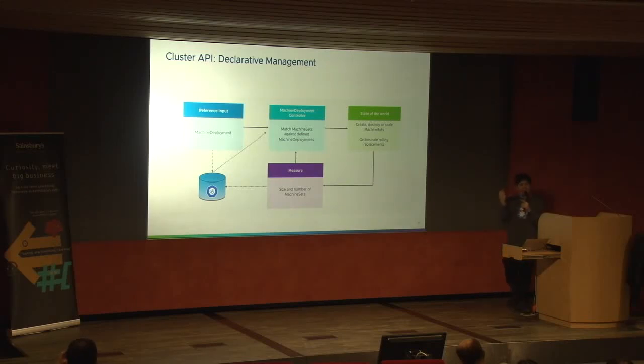So the machine deployment controls machine sets, machine sets control machines, and then the infrastructure provider will look at those machines and create the actual infrastructure. This is how everything works in Kubernetes. When you're developing applications, you're creating deployments. Deployments control replica sets, which control pods, and pods actually then get attached to nodes, and finally you end up with your application saying, hello world.